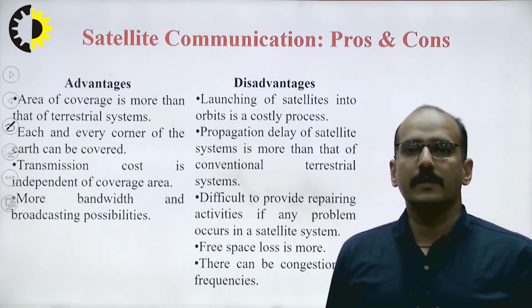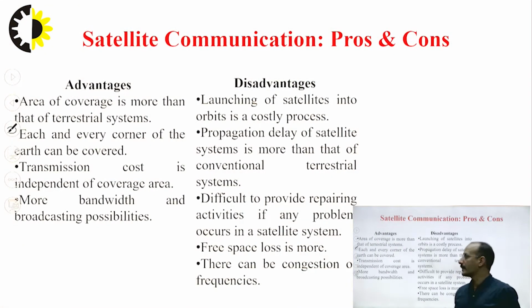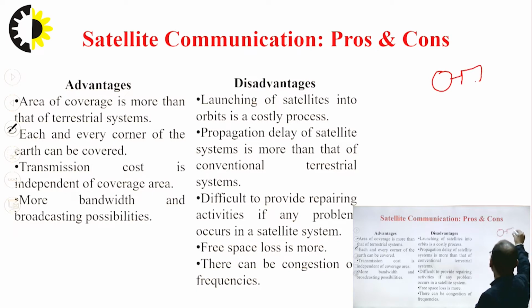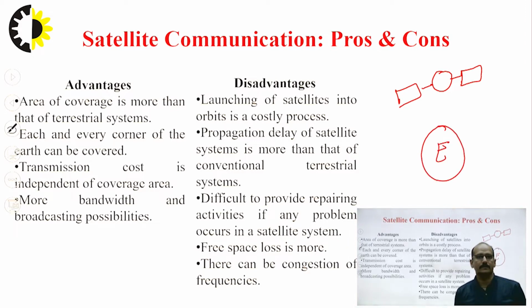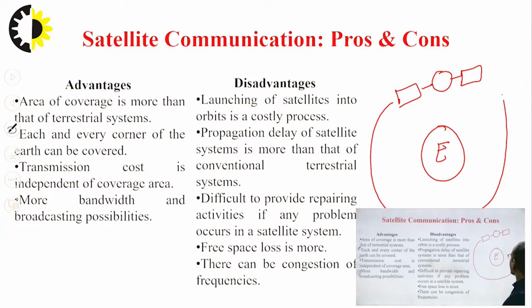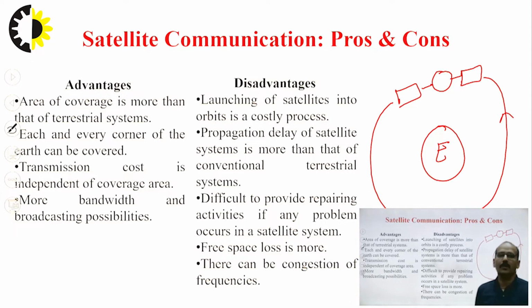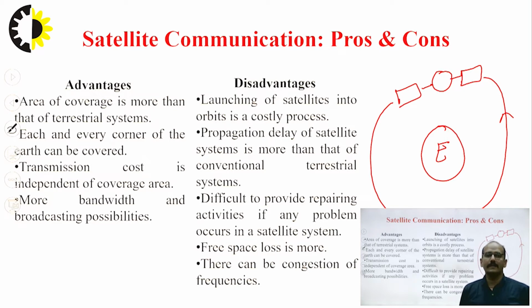In satellite communication, we are sending an object into the outer orbit of the earth, and that satellite is revolving around the earth in that orbit. That satellite is used for communication purposes, and that communication is related to long range communication.